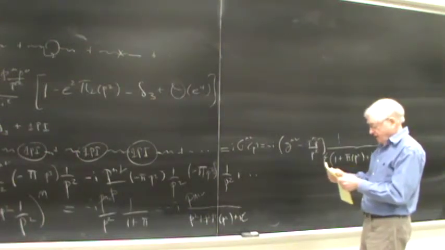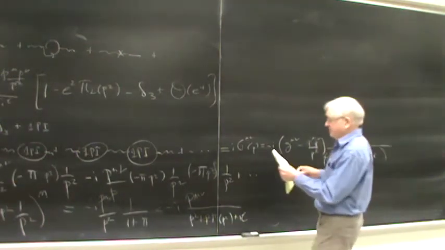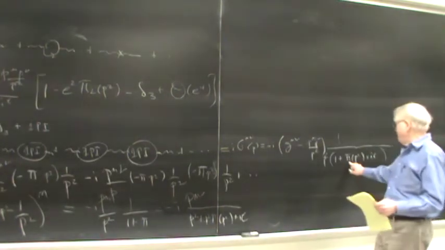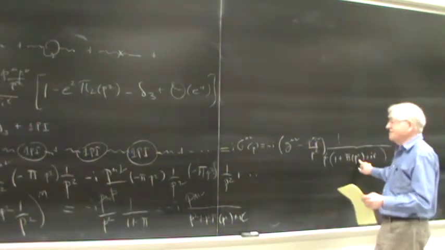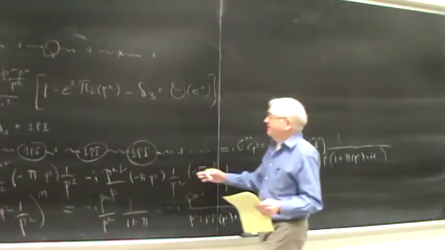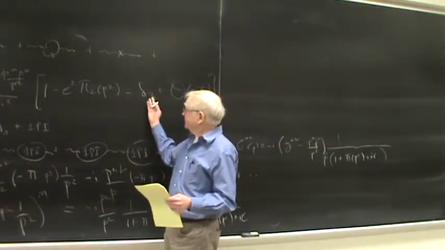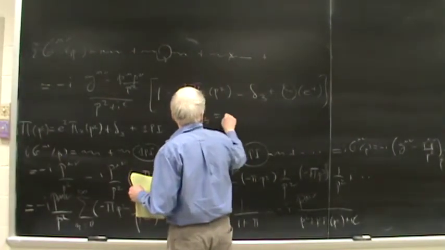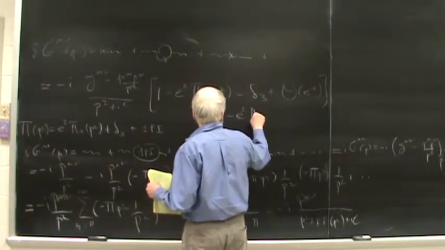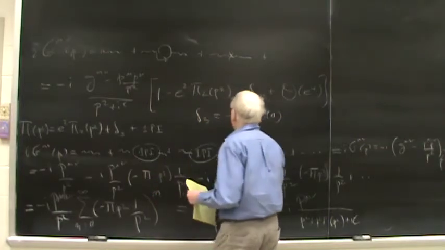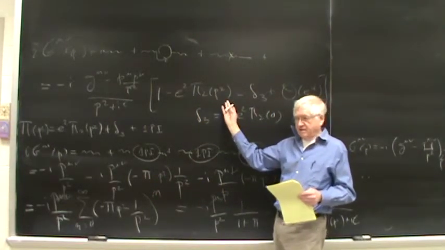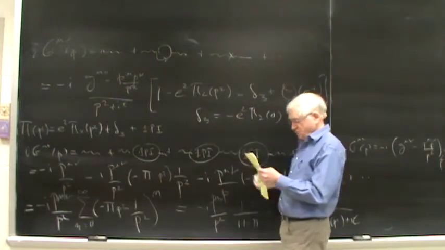Anyway, now what about dimensional regularization? Well, in order to have pi of p squared at 0 vanish, what we have to have is the delta 3. In other words, what we got here is delta 3 is equal to minus e squared pi 2 of 0. And pi 2 is the thing that has factors of 1 over epsilon in it. And so that's our condition.